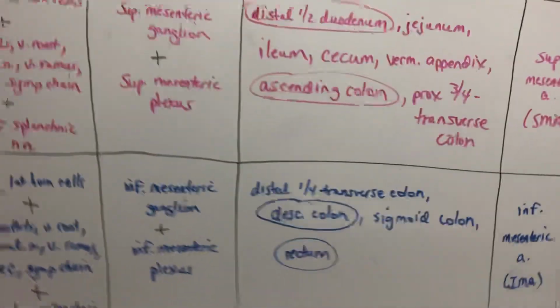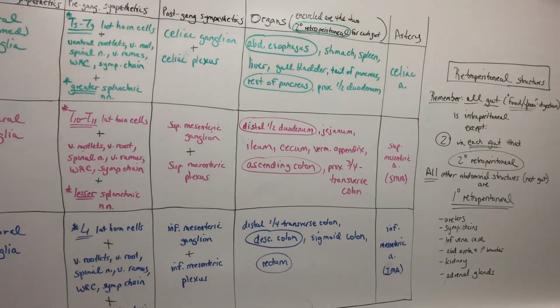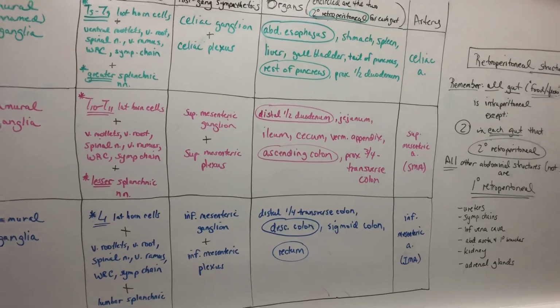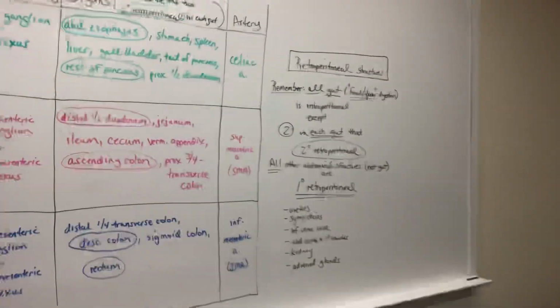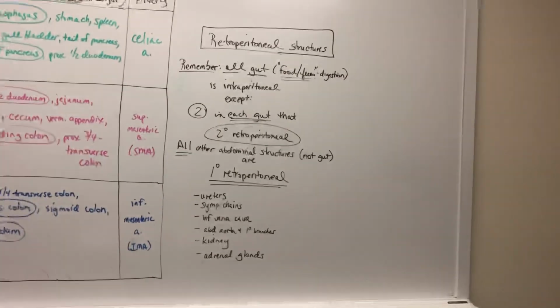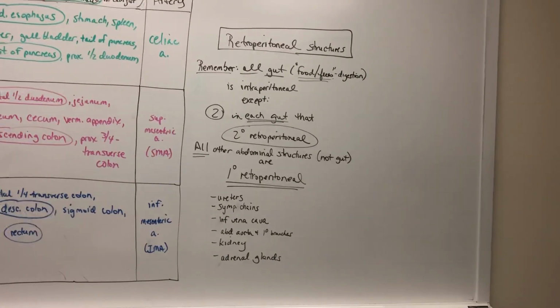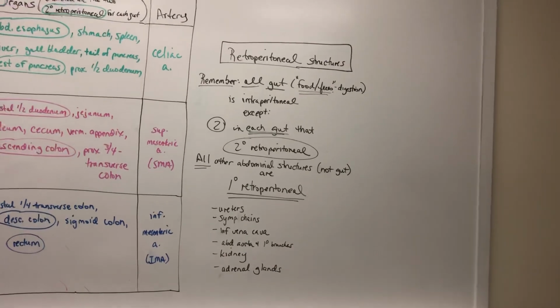Now, if you look back again, remember that each gut had 2 structures that were secondarily retroperitoneal. All the rest were intraperitoneal that are not circled. So when you're trying to remember things that are primarily retroperitoneal, secondarily retroperitoneal, or intraperitoneal, you don't have to memorize a ton of structures. You have to memorize 6, 2 in each gut.